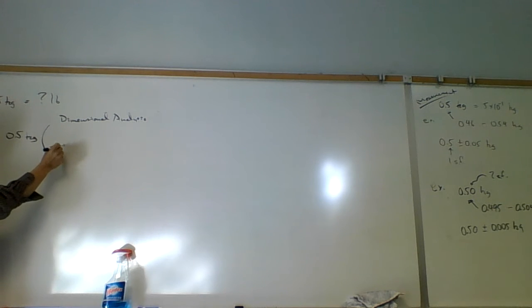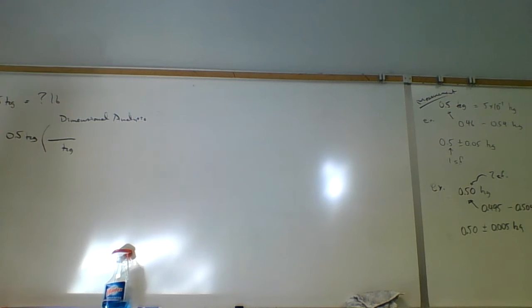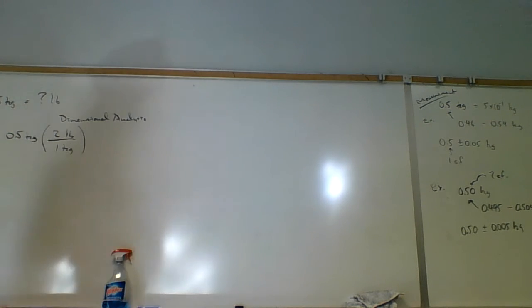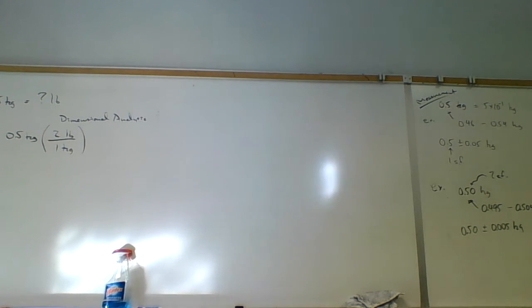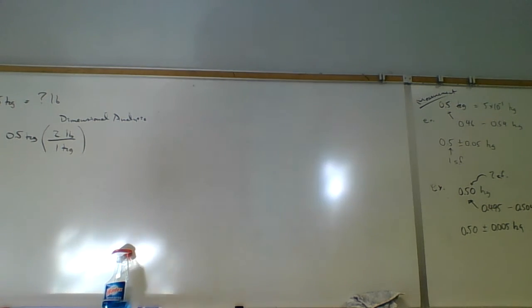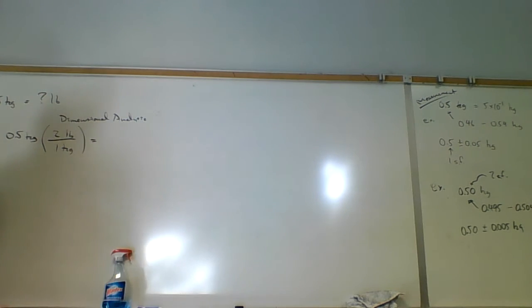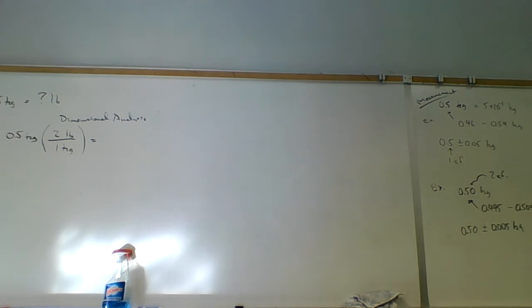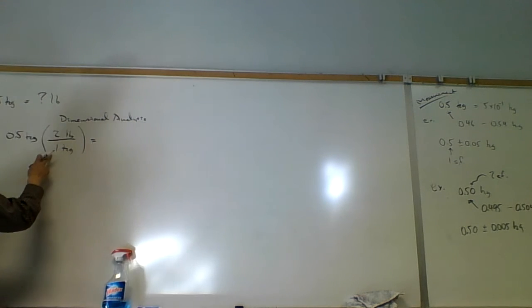So dimensional analysis, what we do is like this. We have kilograms here, we've got to relate kilograms to some other dimension. One dimension we could relate it to is like this. We could say that there are 2 pounds in 1 kilogram, right? So if you're going to buy 0.5 kilograms of gold from me, I'm just going to give you 1 pound of gold, because there are 2 pounds in a kilogram.